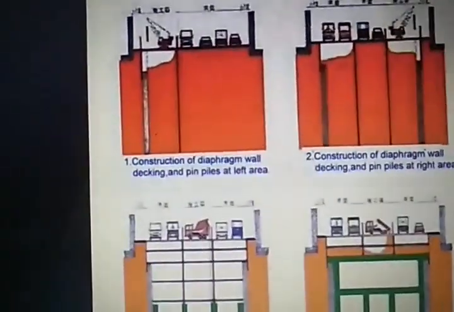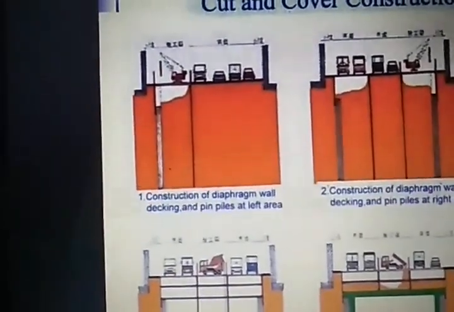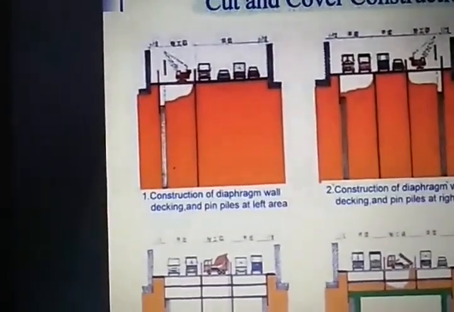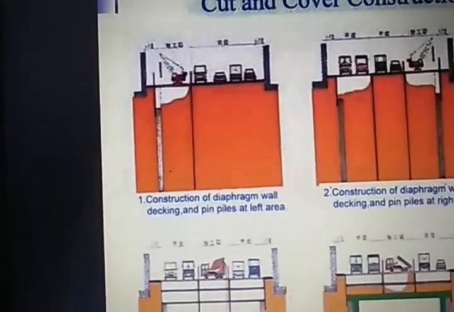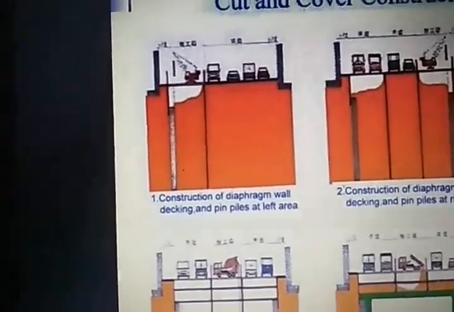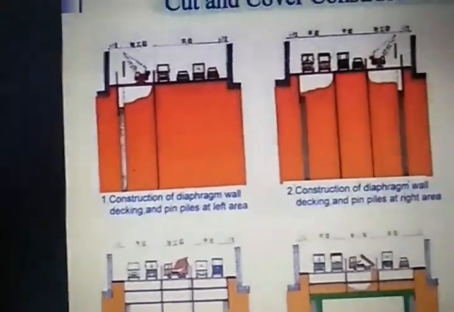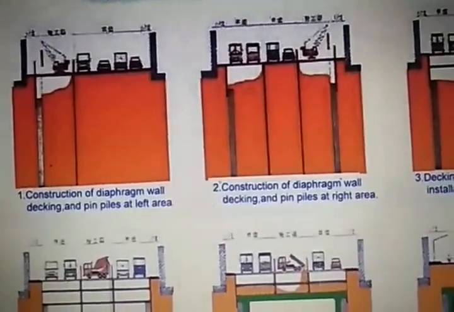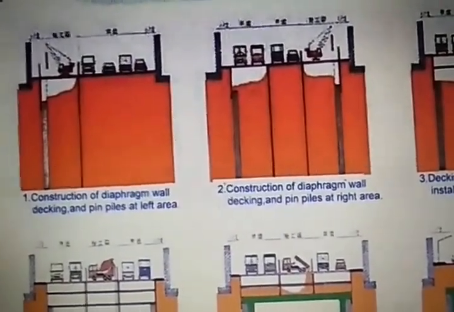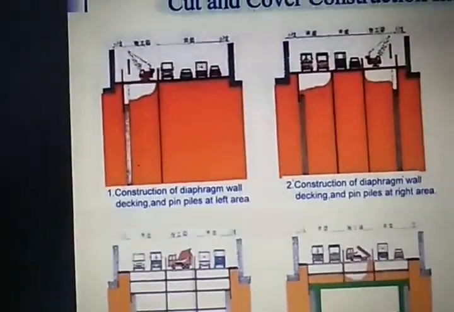So see here, this is the first step, construction of the diaphragm wall, and decking and pin piles at the left area. Okay, the second stage is here, construction of diaphragm wall, decking and pin piles for the right area. So diaphragm walls left area first.